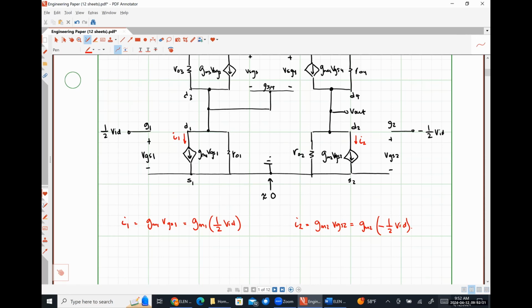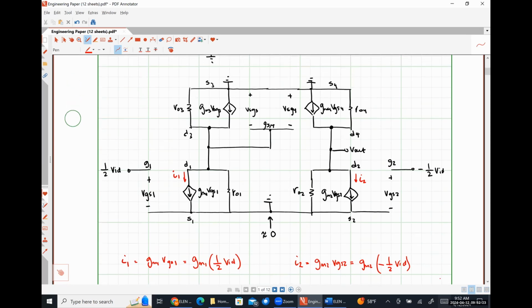Okay, so now let's sort out a couple of things here. We're going to focus on transistor M3 for a moment. So in transistor M3, the voltage drop across our current source is VSG3, right? So positive polarity terminal of this voltage VSG3 here corresponds to this terminal of our current source.